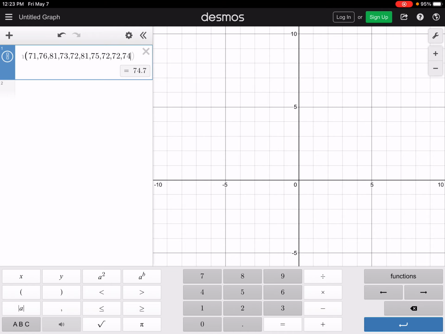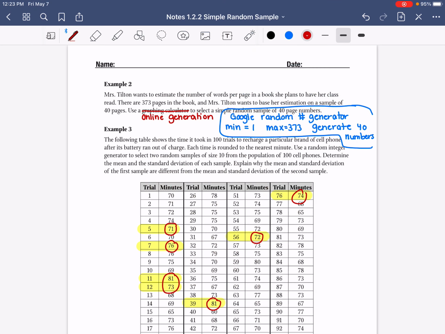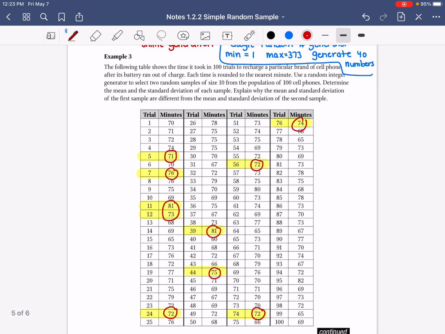Okay, 74.7 is what we got for the mean. And then we'll just erase this and put standard deviation, STDEV. The standard deviation is 3.65. So back to our notes. So this is our sample number 1.